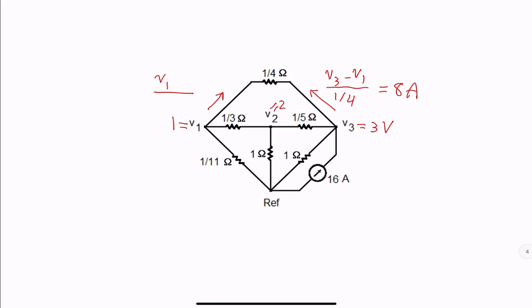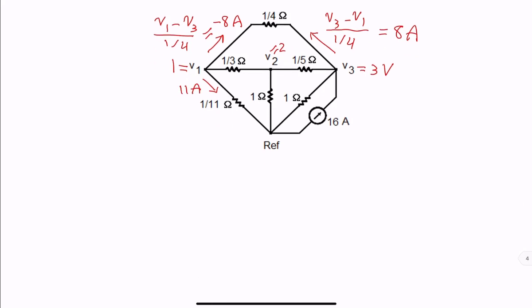We're going from node 1 to node 3, V1 minus V3 over 1/4. It gives us negative 8 amps, opposite direction. If you're interested in current going down here, that would be V1 divided by 1 over 11, 11 amps.